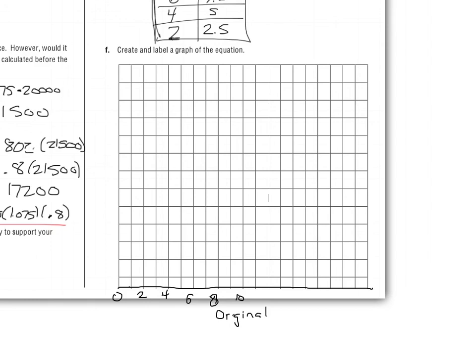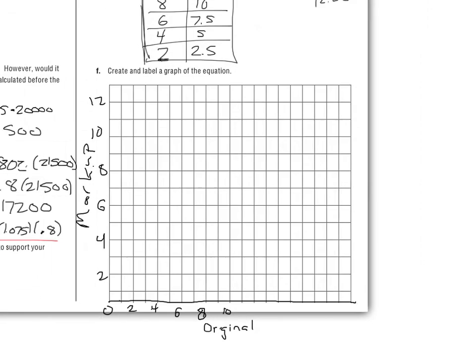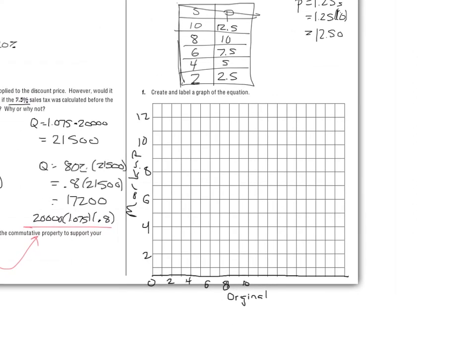And these are going to be my markup. So 1, 2, 3, 4, 5, 6, 7, 8, 9, 10, 11, 12, and that top one's going to be 13. So let's go ahead and graph this.